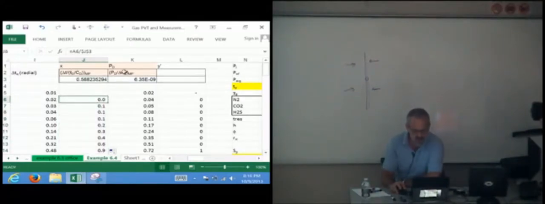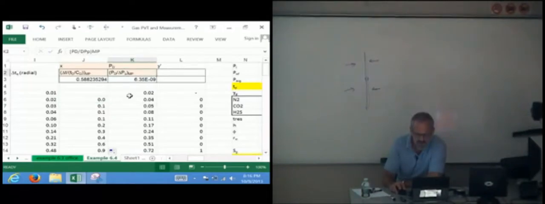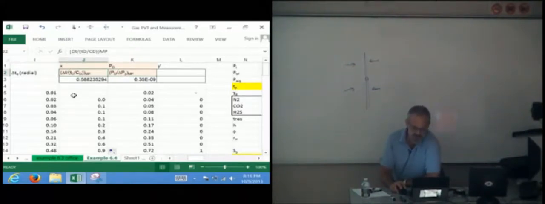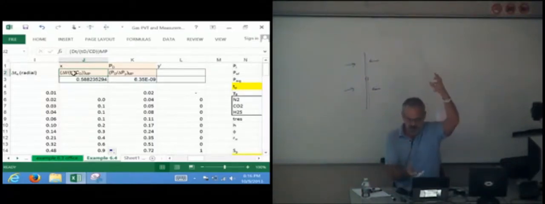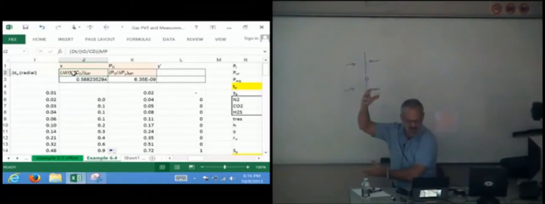If you note, in column K, the heading that I copied and pasted from the textbook is dimensionless pressure over delta pseudopressure match point. This is delta time over T sub D, C sub D match point. So I have real over dimensionless, and then I have dimensionless over real.